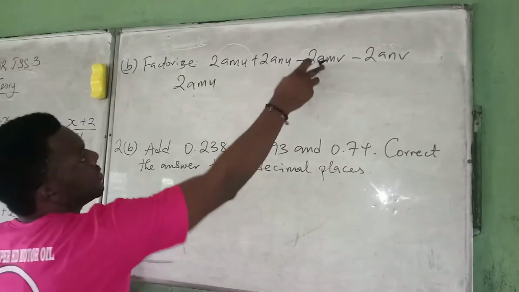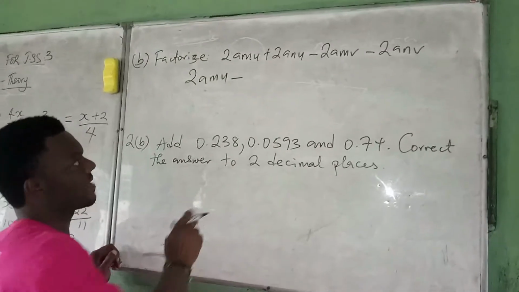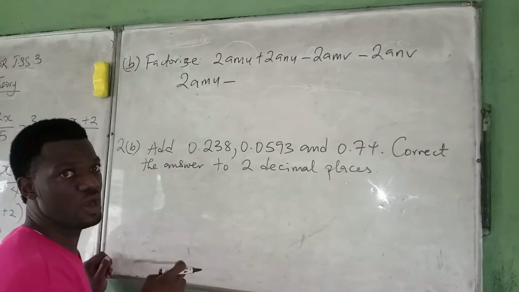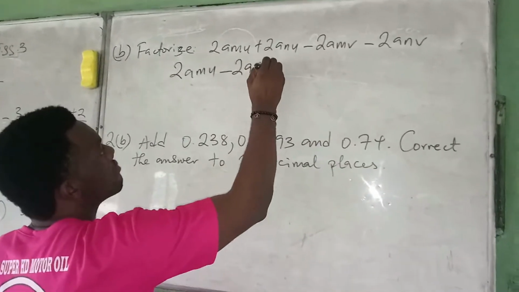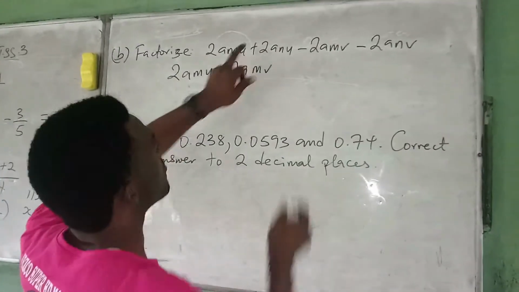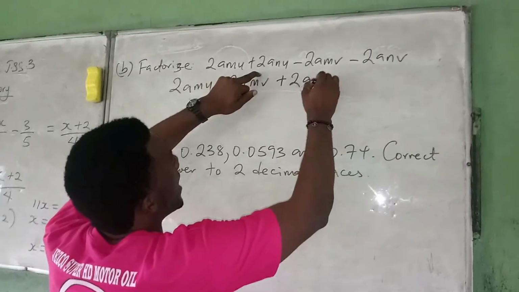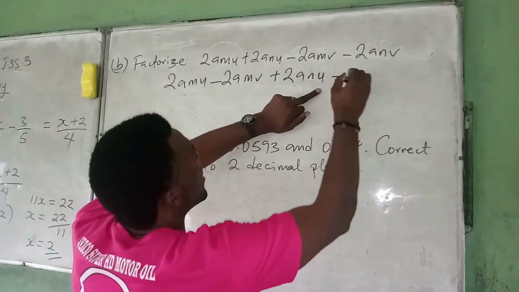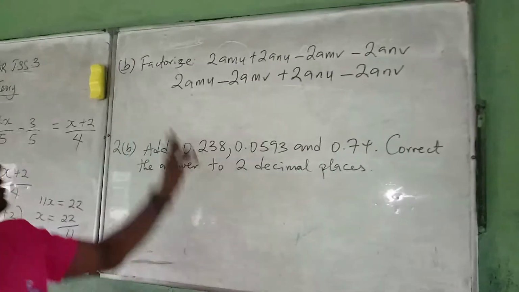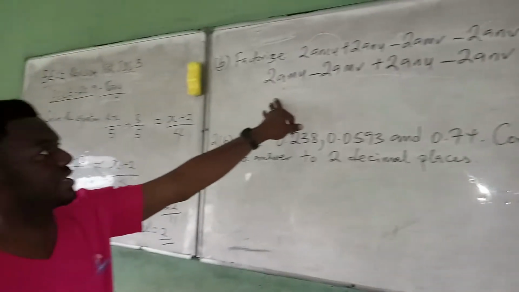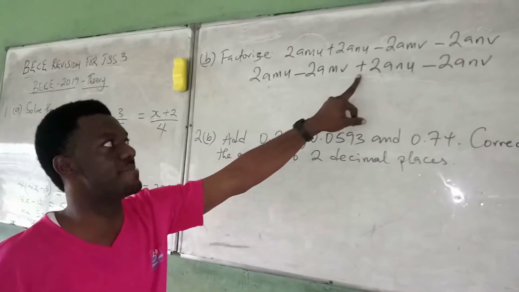So we have now 2amu. You bring minus, maintaining the signs as we did in your year 1 collecting of like terms, minus 2amv. Then this plus now will be at the center, plus 2anu, then minus 2anv. So now, having done this, you just put the bracket, because there is a plus sign in the middle.